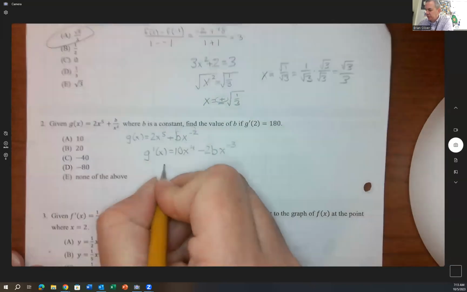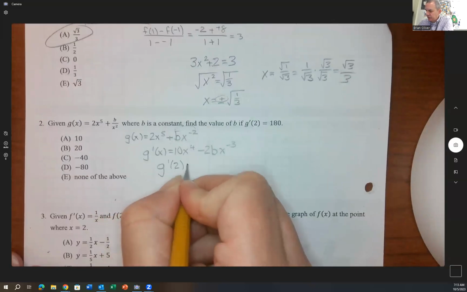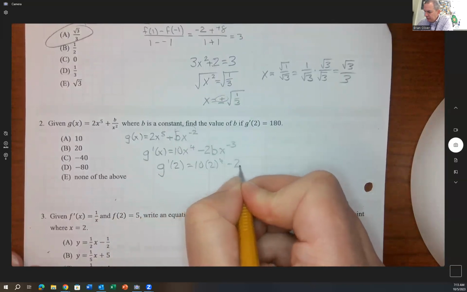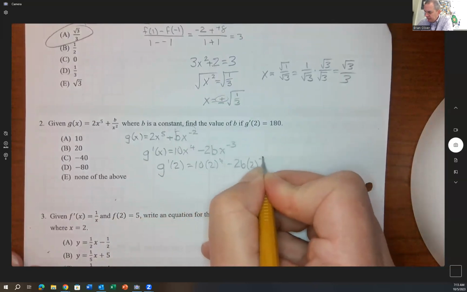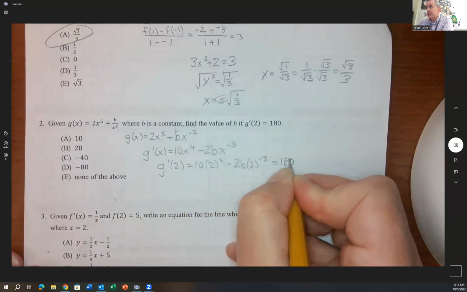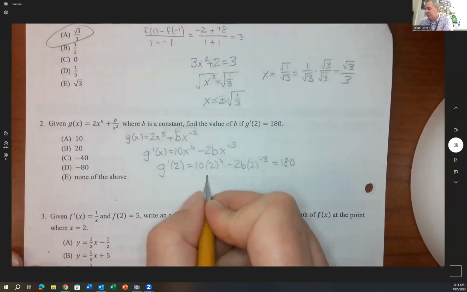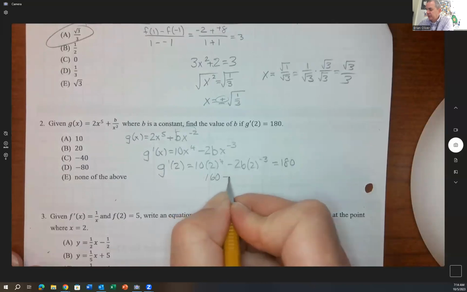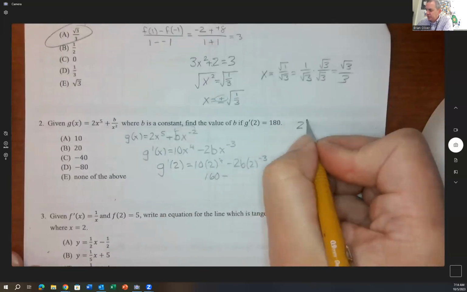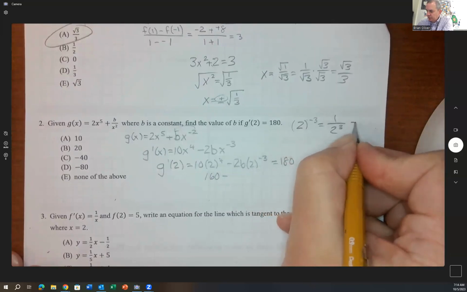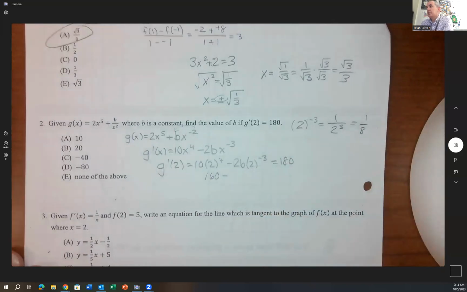But now we know that g prime of 2, so sticking in 2 everywhere, 10 times 2 to the 4th minus 2b times 2 to the -3rd, we know that that equals 180. So 2 to the 4th is 16, 10 times 16 is 160. Just so you know, 2 to the -3 is the same as 1 over 2 cubed, which is 1/8.